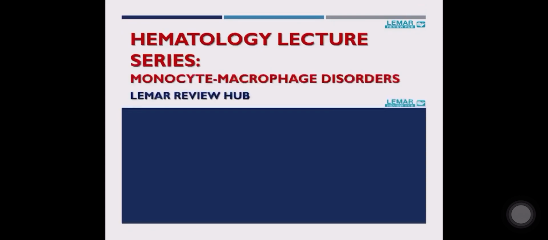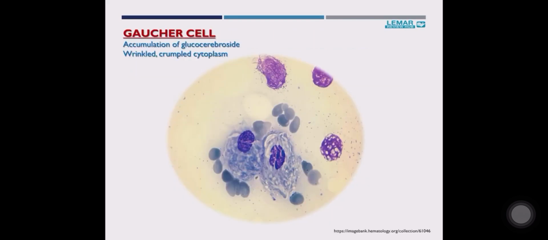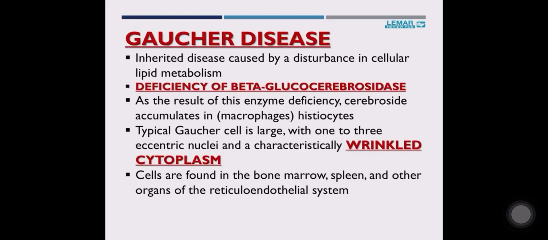Ngayon naman po, pag-usapan natin yung mga anomaly involving the monocyte and macrophages. Unang-una po dito yung Gaucher's disease. Lipidosis, kasi may accumulation ng lipid sa cytoplasm ng mga monocyte and macrophages.